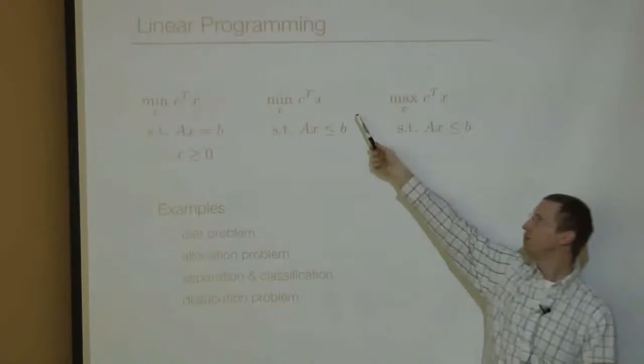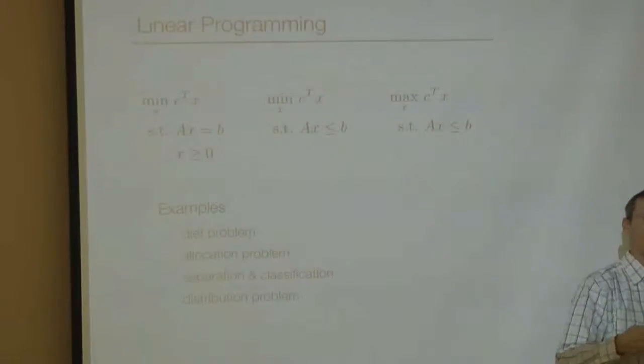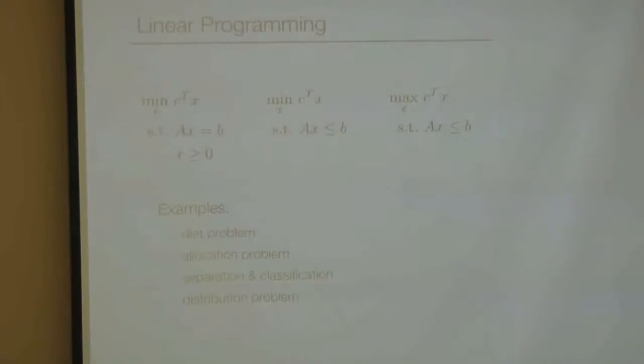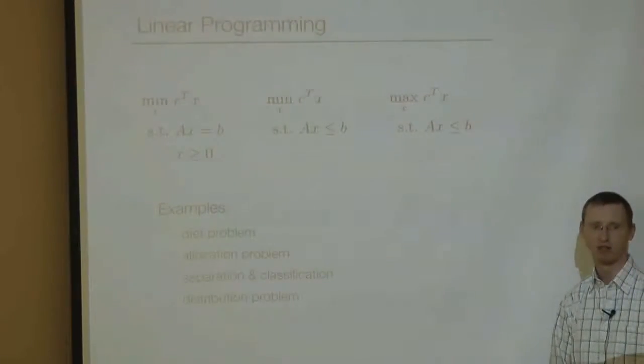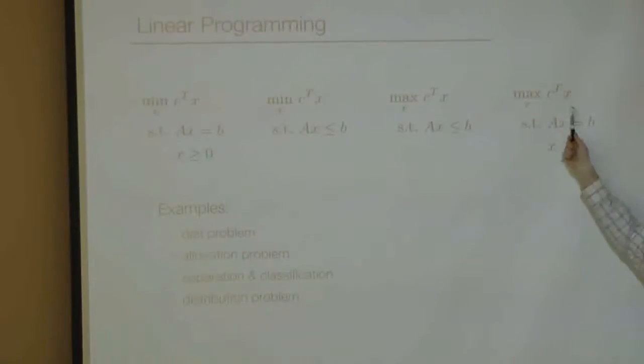Minimizing would essentially mean minimize the input energy to our process such that we satisfy certain constraints. Maximizing would mean maximize the profit subject to some other constraints. And we could also maximize linear objective functions subject to equality constraints. So these are the four most popular formulations of linear programming.